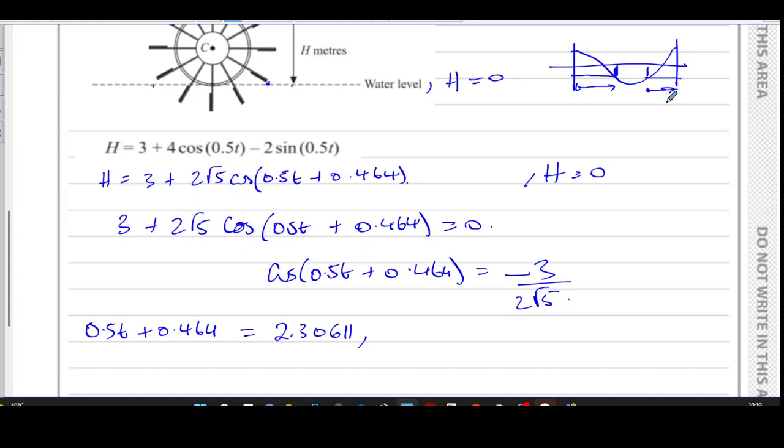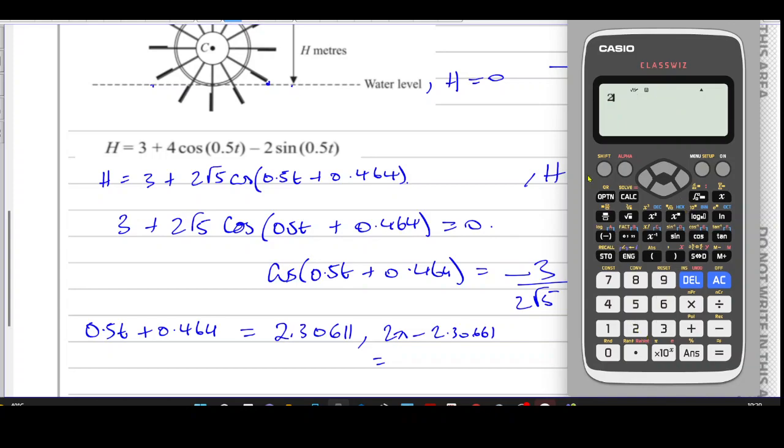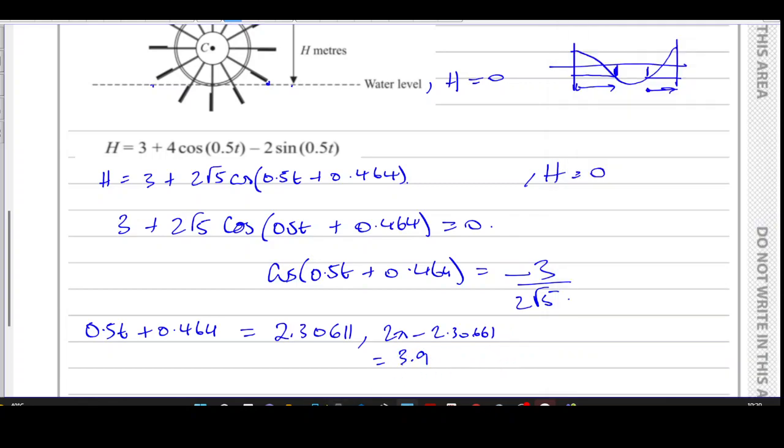As we know with the cosine curve, to find the other main solution, we do 360, or 2 pi in this case, minus the angle we found. So if I take 2 pi minus this angle, that will give me 3.97707. So that's the other time when it hits the paddle.